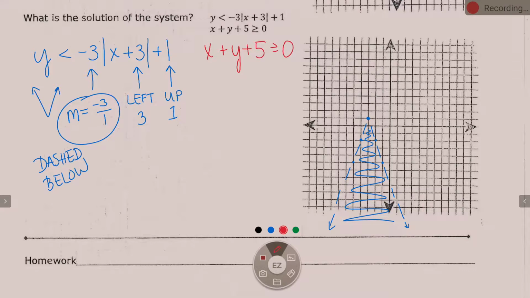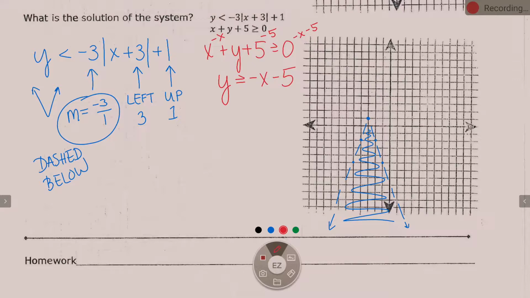Now, real quick, let's see if we can get the other one in. X plus y plus 5 greater than or equal to 0. What is this shape going to be? This is a line. There's no absolute value. This is a plain old line. Now, we need y equals mx plus b, so to get y by itself, I'm going to subtract x, subtract 5. So y greater than or equal to negative x minus 5.